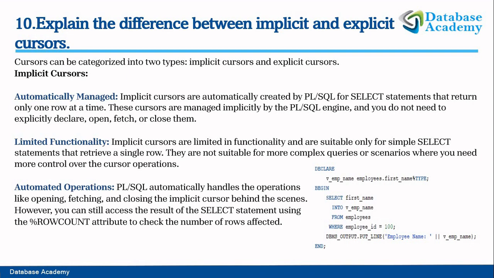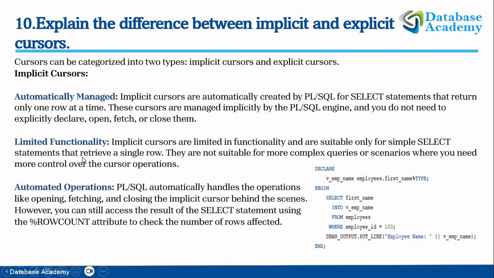An implicit cursor is declared internally by Oracle. We don't need to write a cursor name, open, fetch and close. It will be managed automatically. That's why it is described as automatically managed. It has limited functionality, because an implicit cursor will always return a single row, so it is not suitable for more complex and scenario-based queries where you need more control over the cursor operation.